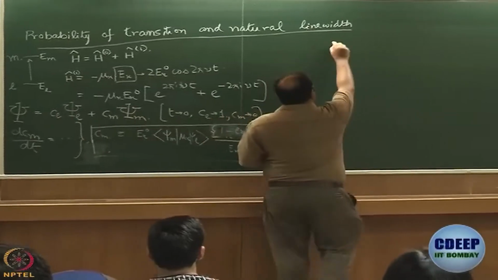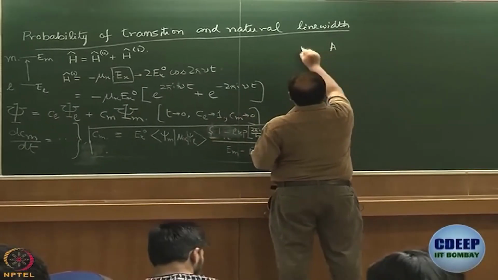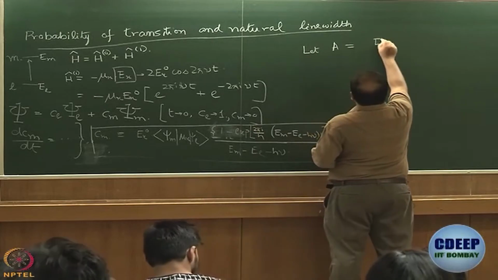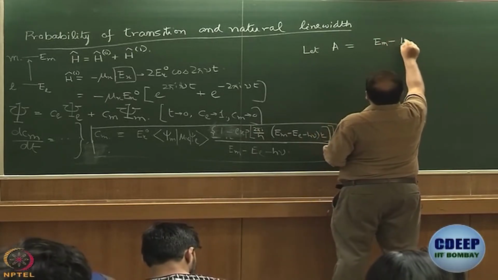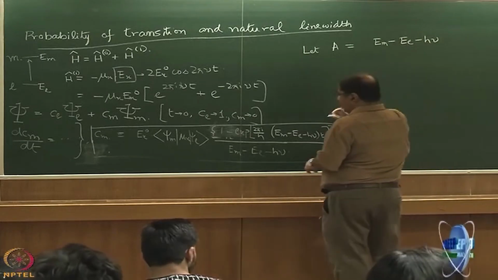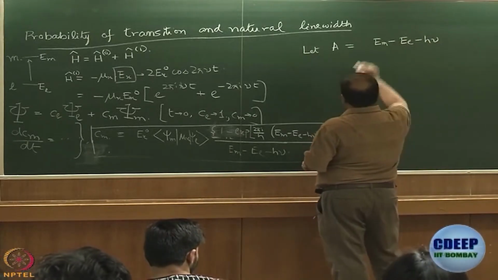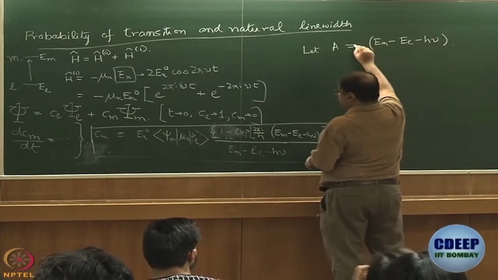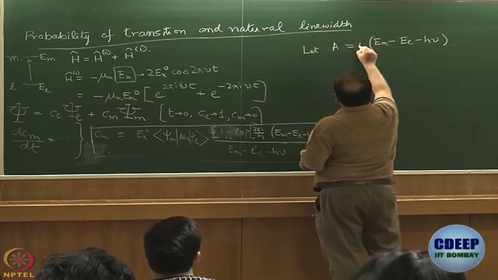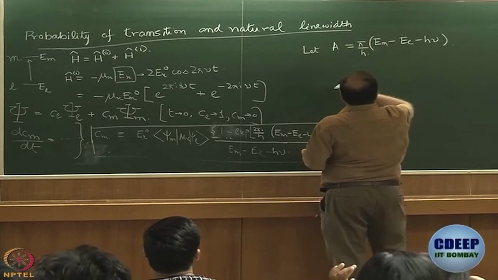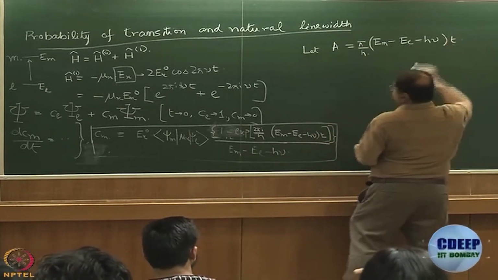Let me write A is equal to Em minus El minus h nu, multiplied by pi by h into t.